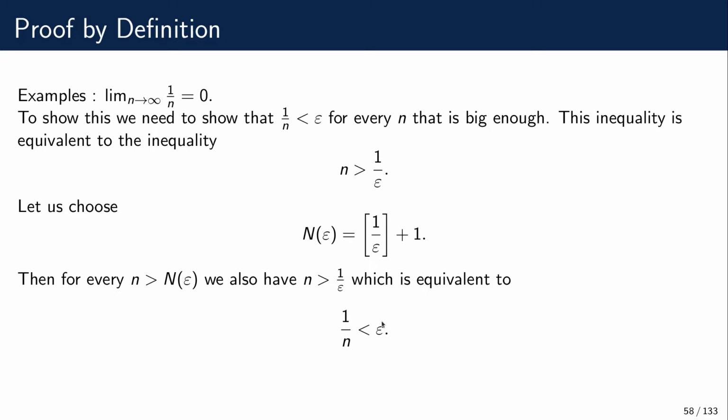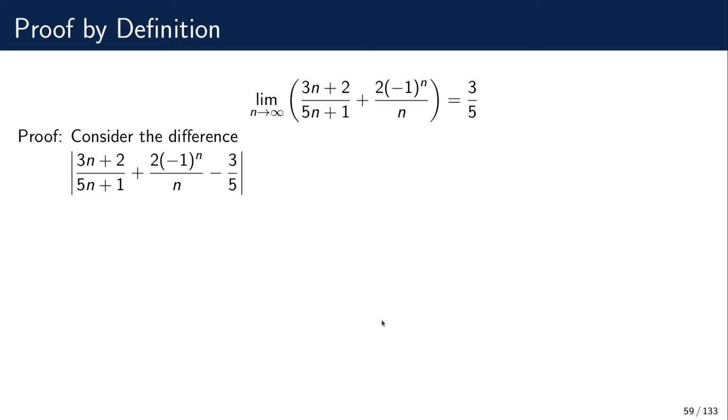Okay. Now let us see a bit more complicated example, for the sequence that we have seen in the visualization. Now I want to prove that the limit of the sequence is 0.6, or 3/5. How could I argue intuitively that this should be the limit? Well, suppose that n is huge, like billions.